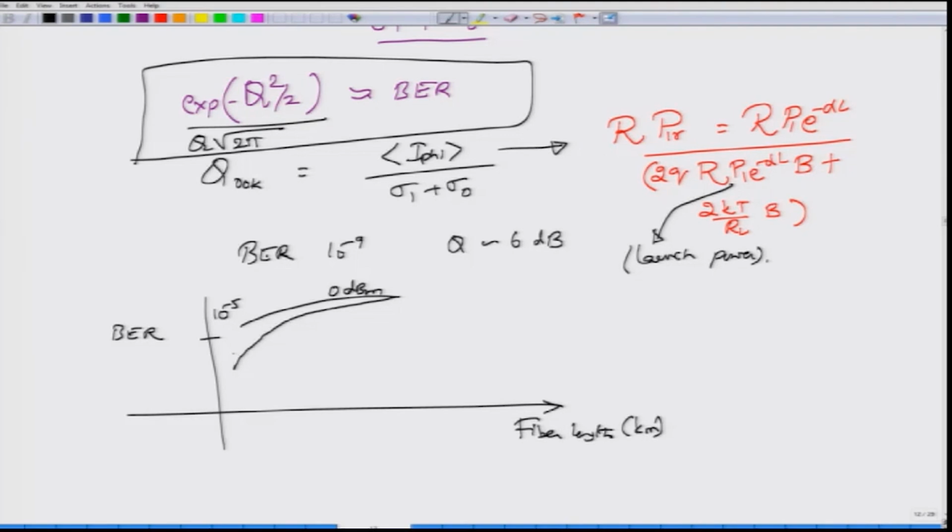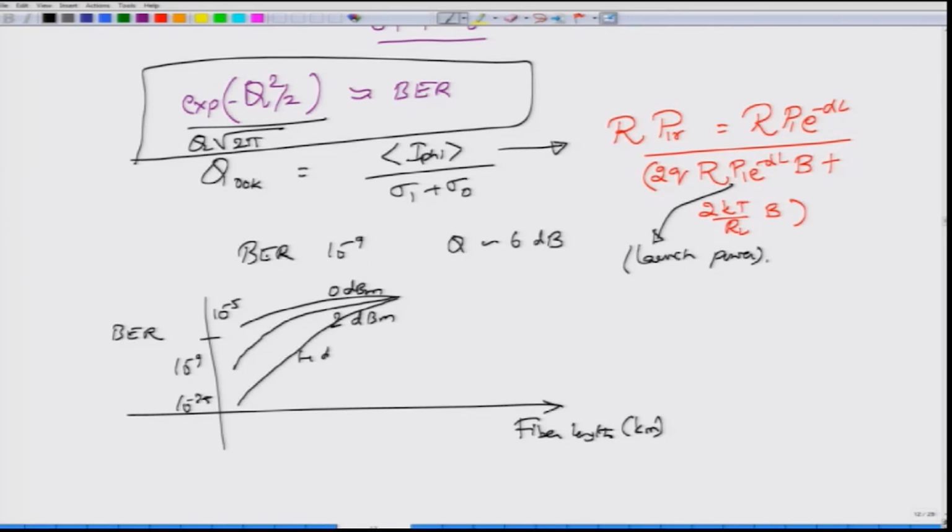With this 0 dBm launch power, the BER is not even going below 10 to the power minus 5, but if you use, say, 2 dBm launch power, then you might go below 10 to the power minus 9. So, this is already sufficient. In case you increase your launch power further, then the BER goes down to 10 to the power minus 20 or 10 to the power minus 25.